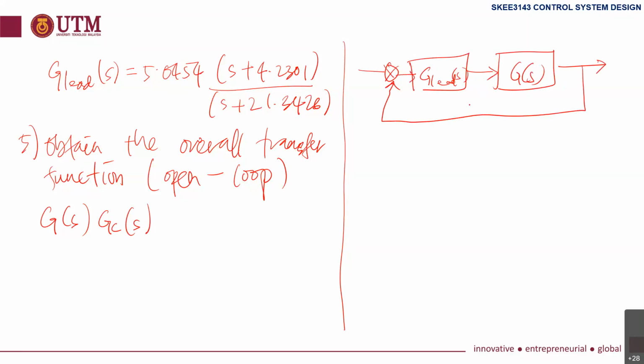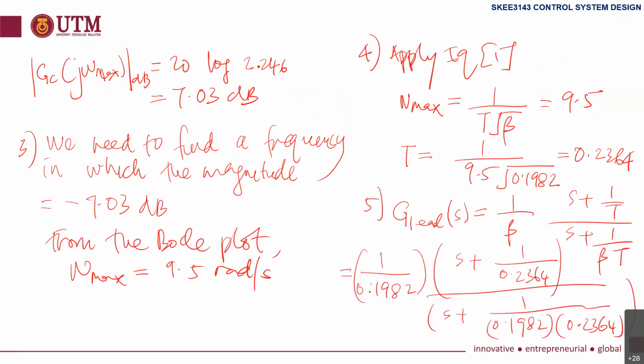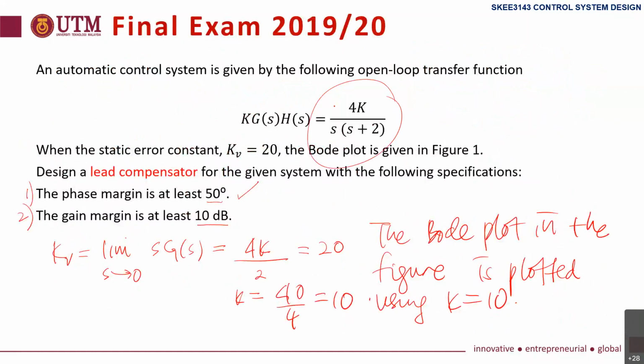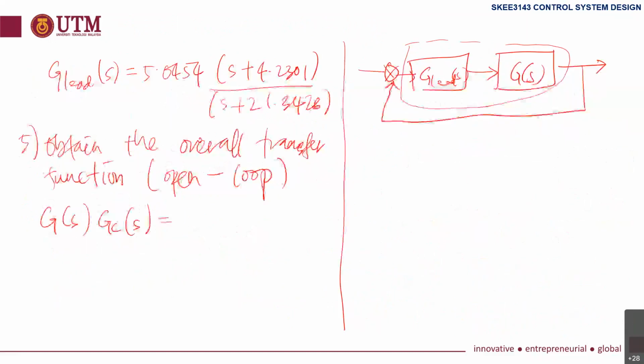We multiply these two. Originally G(s) is 4K over s(s plus 2), and we know K equals 10.